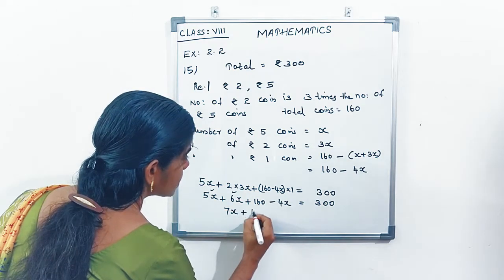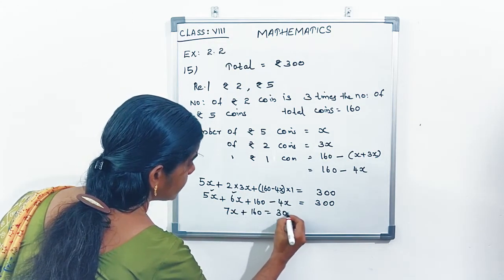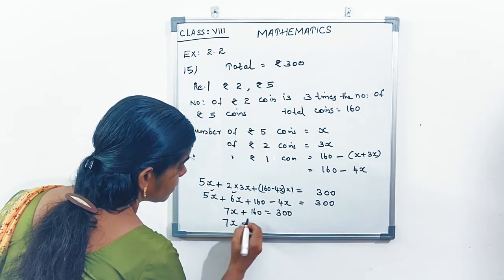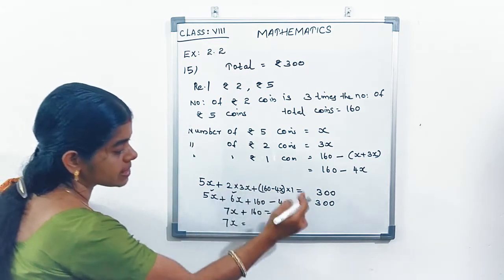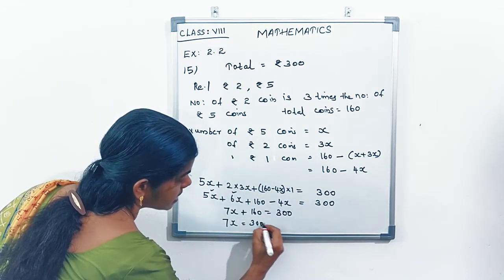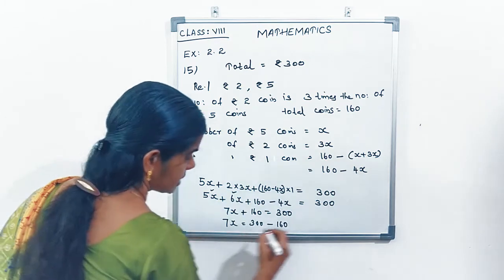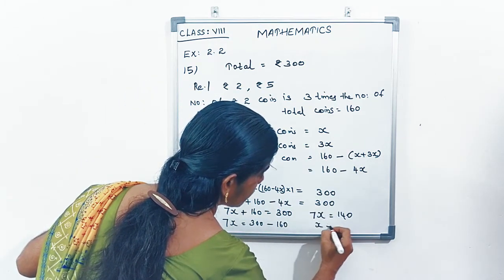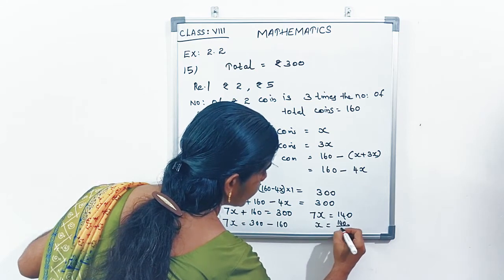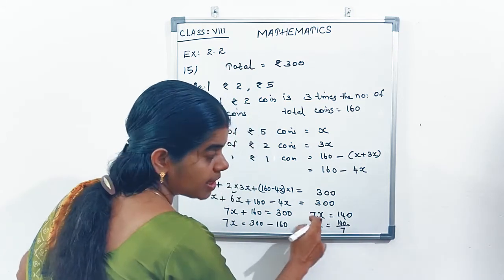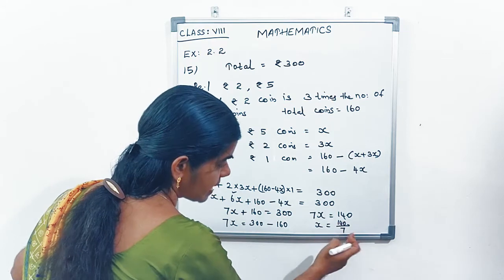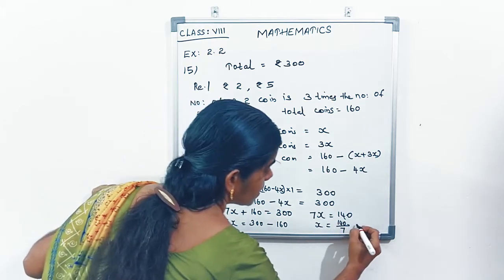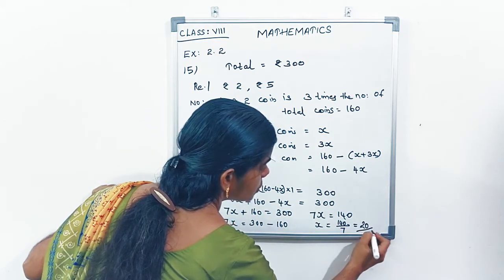Plus 160 is equal to 300. If you take the plus 160 to the other side, it becomes minus: 7X is equal to 300 minus 160, that is 140. Therefore, X is equal to 140 divided by 7. Multiplication moves to the other side as division. X is equal to 20.